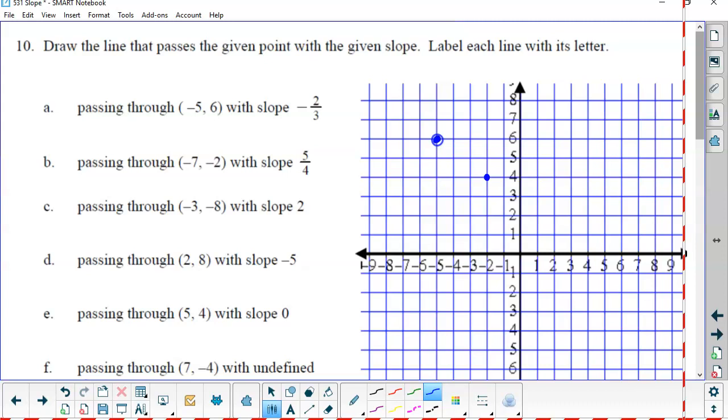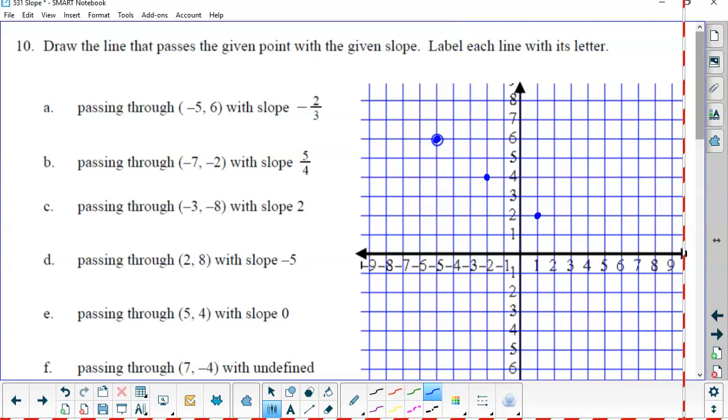Now you might stop there, but I don't want you to. I want you to fill up the grid paper with as many points as you can, because really if you use just that with a straight edge, you might be a little bit off as it extends out. The more points you have, the better line that you can draw. So I'm just going to go from there, 2 down, 3 to the right.